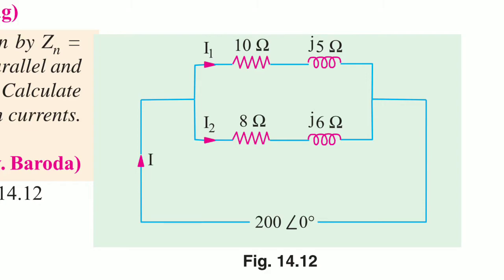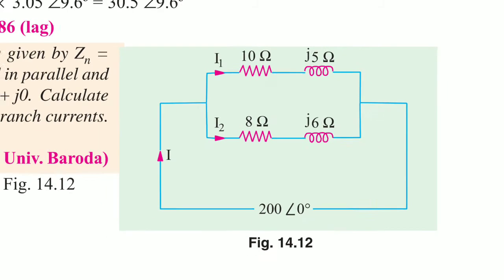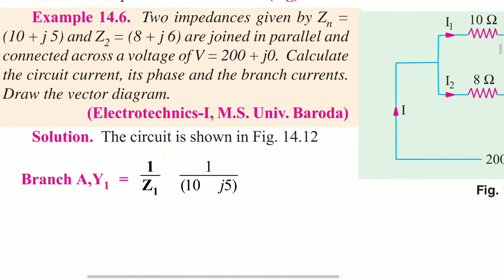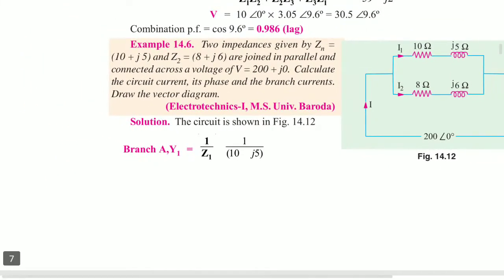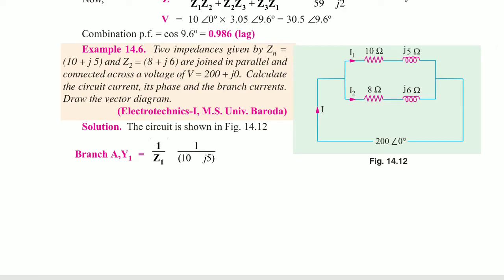Z1, Z2 are parallel, and the supply voltage is parallel across this. So here the solution is: branch A or branch 1, whatever the notation. Branch A impedance is Z1.